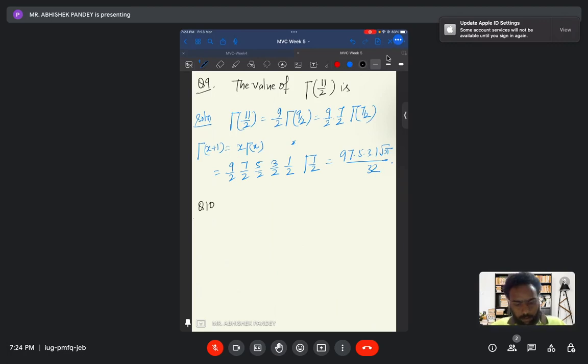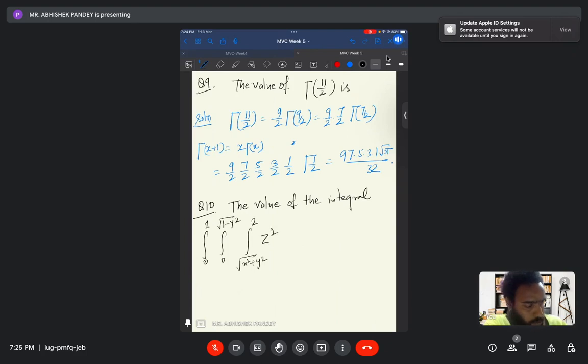Last question. So the last question is the value of the integral 0 to 1, 0 to root of 1 minus y square, root of x square plus y square to 2, z square dz dx dy.